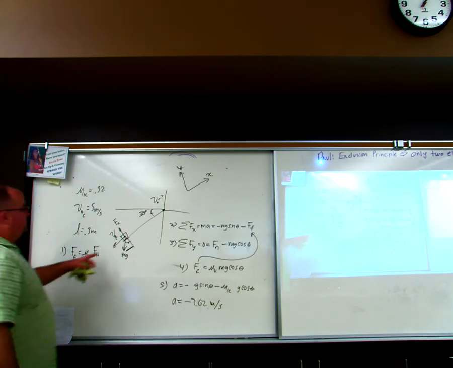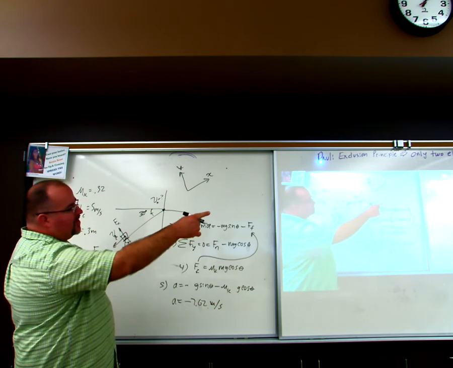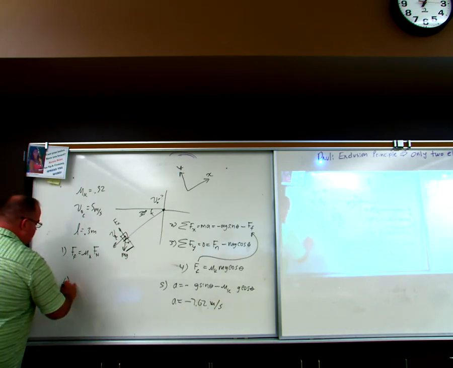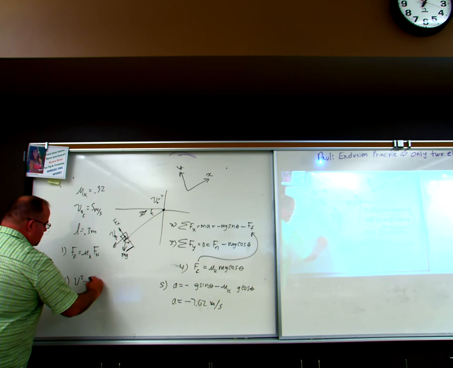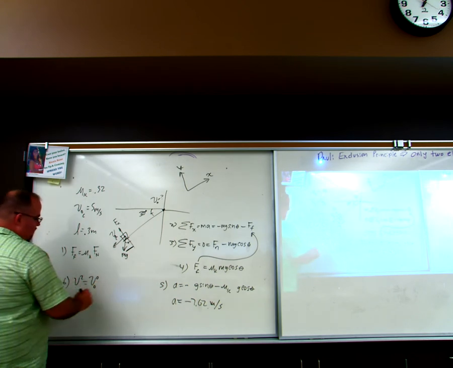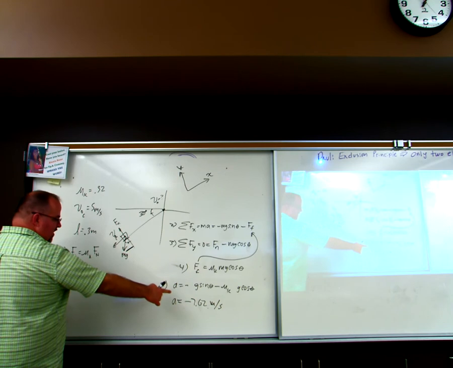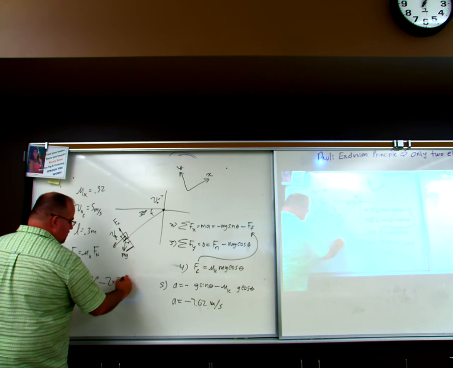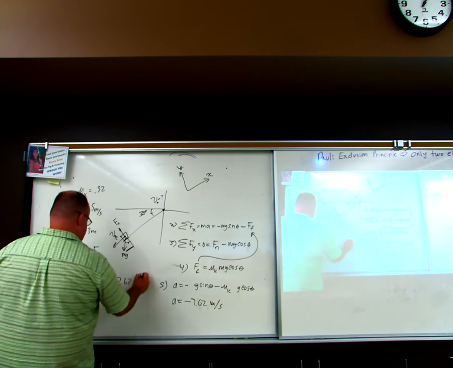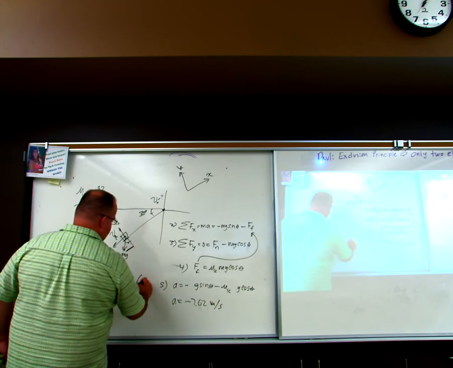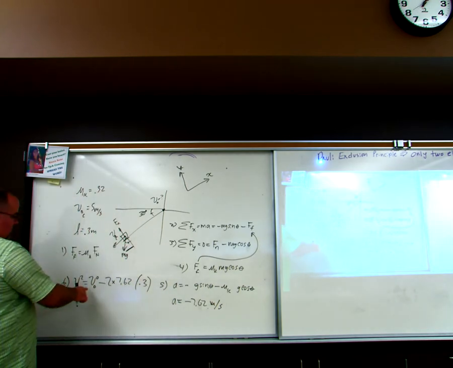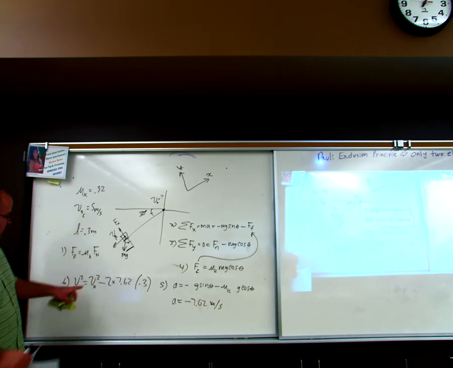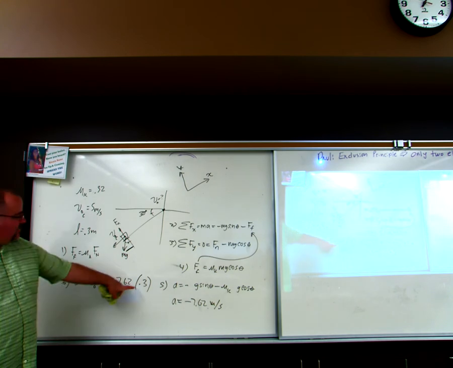Then I'm given the distance, and that's where I went back and used, from our canonical equations, equation number 6: V squared equals V sub 0 squared, and since the acceleration is negative, minus 2 times 7.62 times the distance, which was 0.3. So this is 5, so that's 25 minus this.